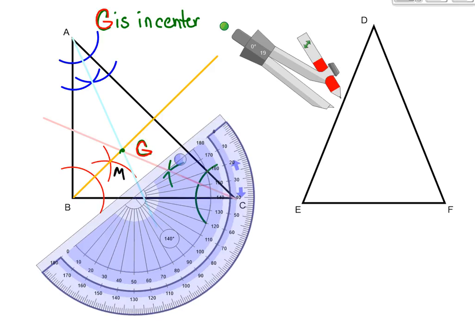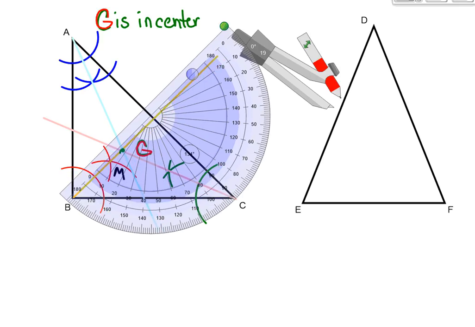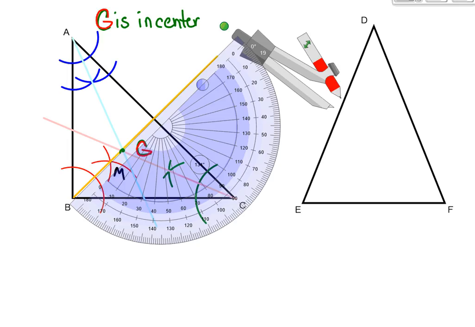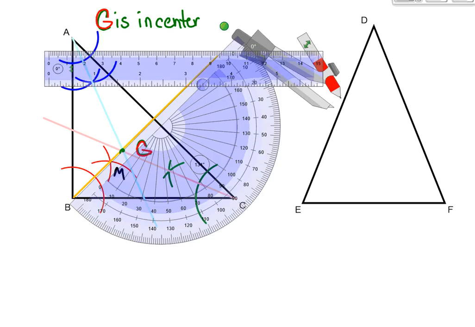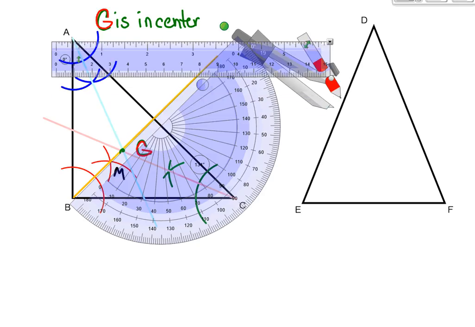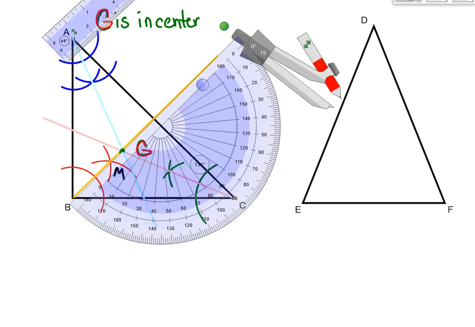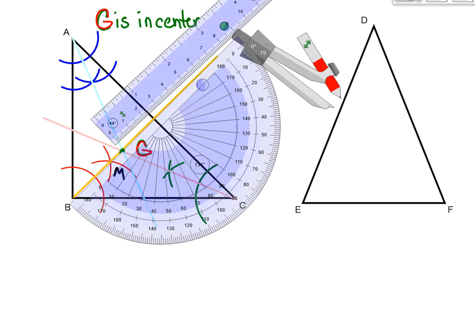Now do the same thing for the other lines. So put this so that it's at 90 degrees to side AC, and then slide that down and measure from G. Another strategy you might use is to have your ruler right next to your protractor, so you can measure along the ruler, sitting along the protractor.